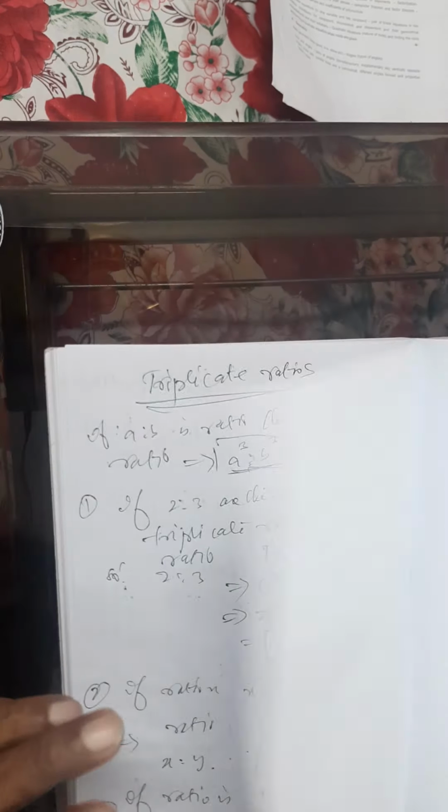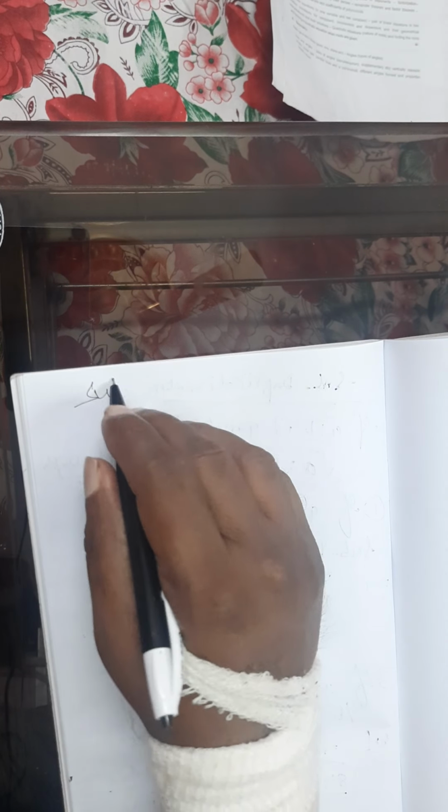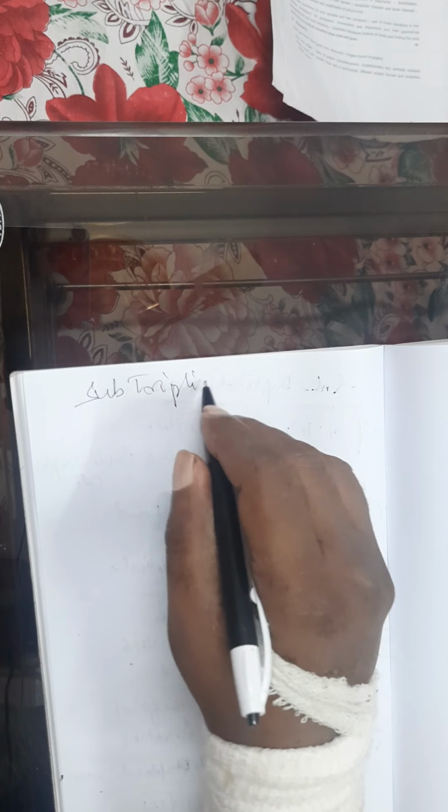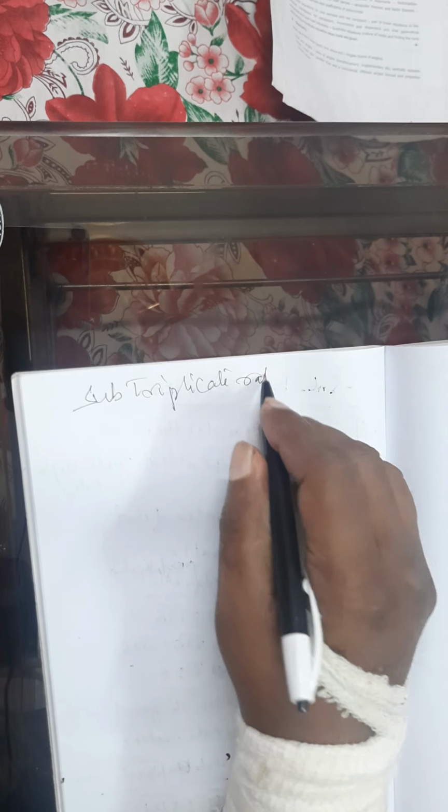That means cube root, instead of square root. Here we have to find subtriplicate ratios.